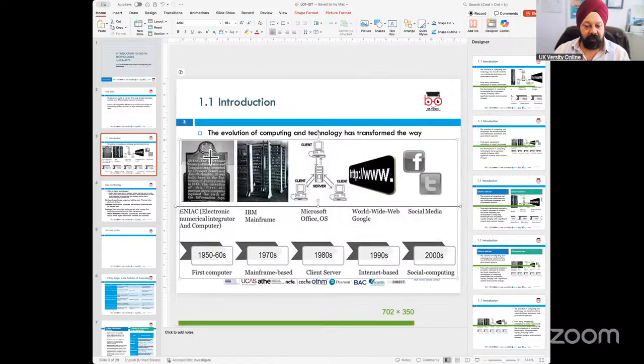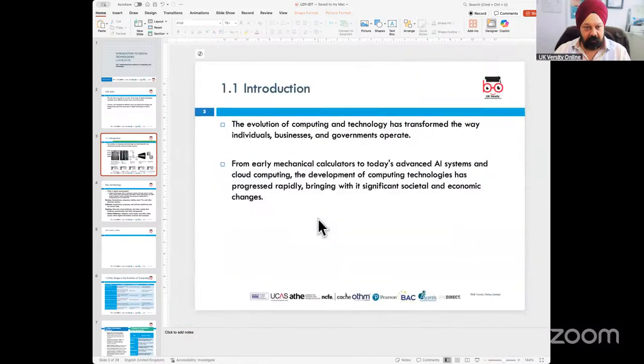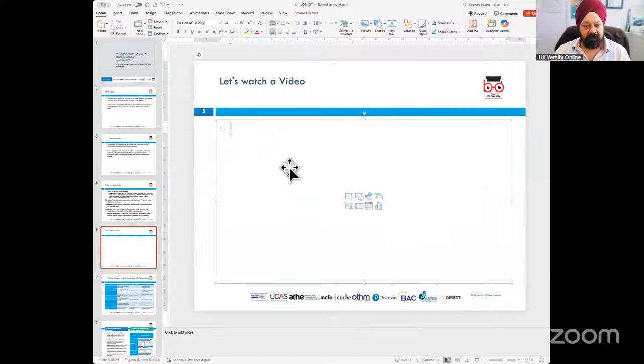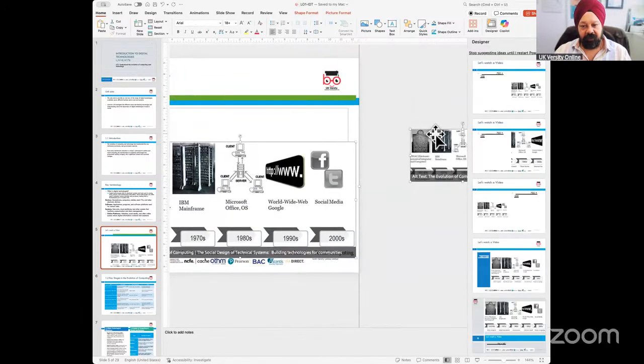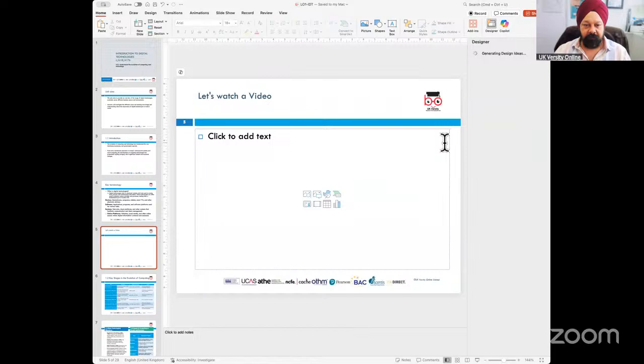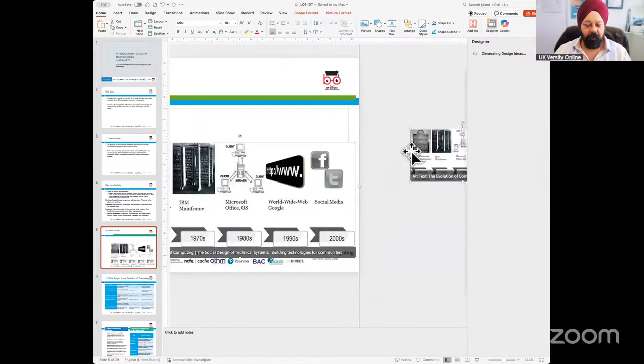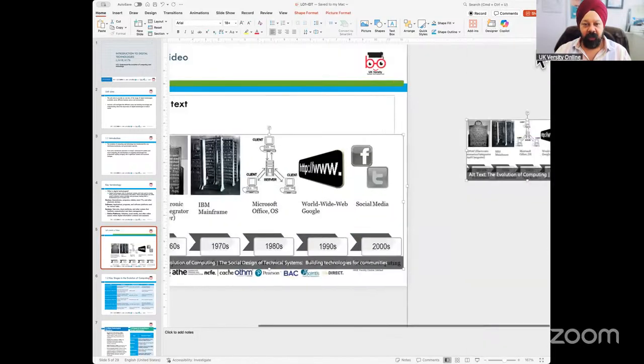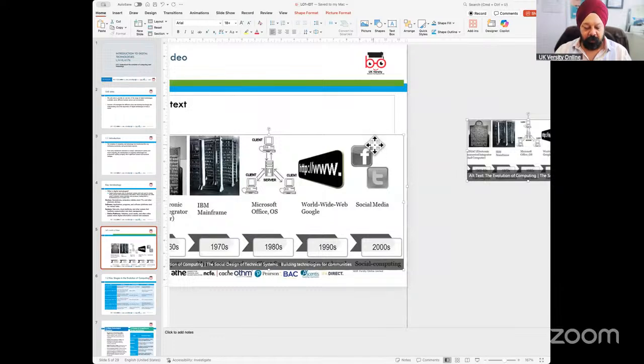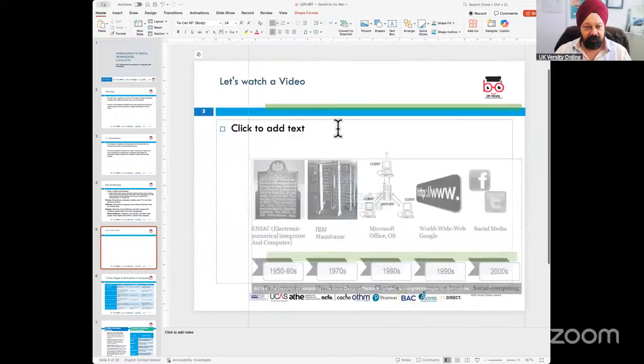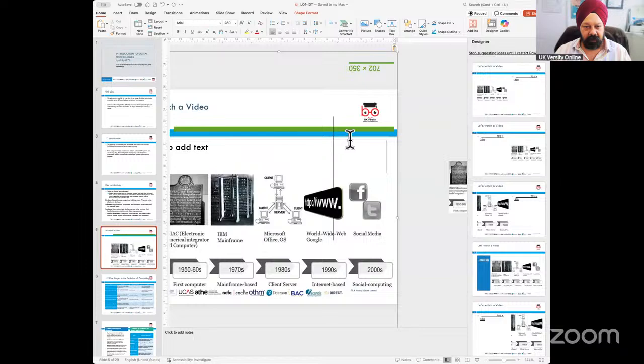Let me put this across onto a slide. Now, if you see how computing and processing as a whole started, what you're going to be able to see is, if I can put this across, one second.